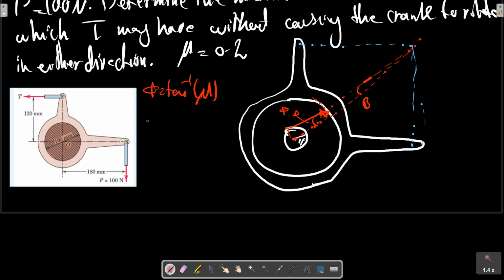Beta is RF, where R is the friction circle radius, R sin phi. Beta is the angle with RF on OC, sine inverse.